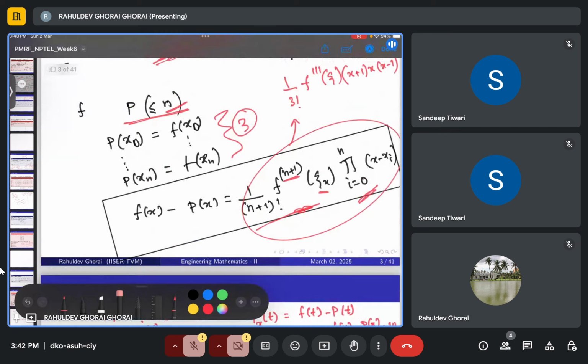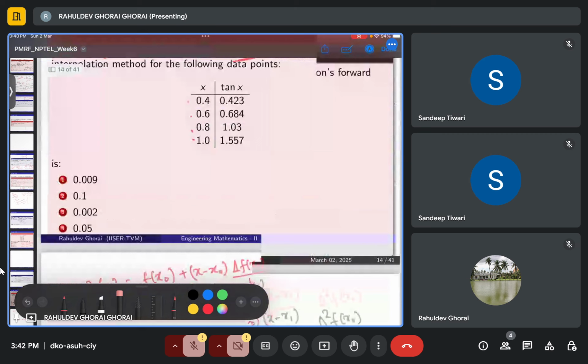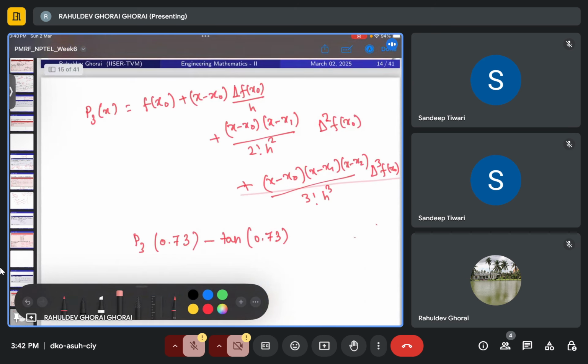Although it is polynomial interpolation, in Newton's forward interpolation and Newton's divided difference interpolation there will also be the same thing, but you cannot use that because you have to find the exact error.